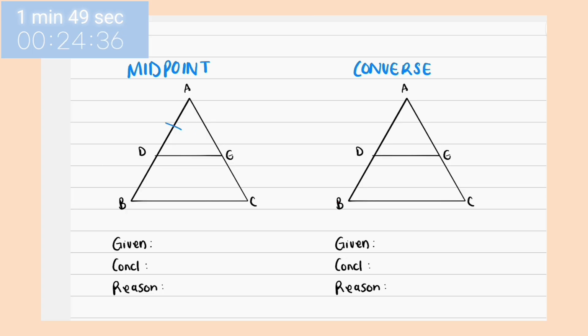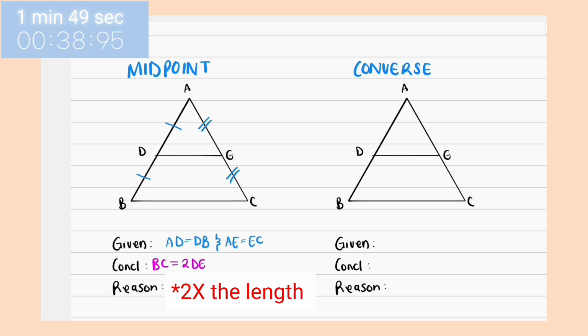If you are told that AD is equal to DB and AE is equal to EC, what you would then conclude from this is that BC is equal to double the size of DE. And another thing you would conclude is that DE and BC are actually parallel lines. And to keep it simple, you can simply say your reason is the midpoint theorem, and that would be it. Okay, and that's how the midpoint theorem works.